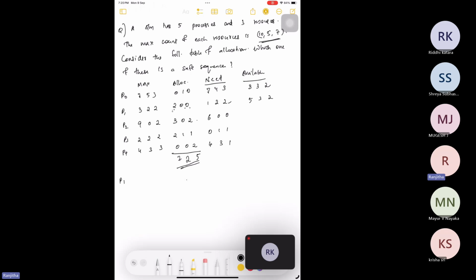Now we have 5, 3, 2. Now which one can we allocate? Which are the processes that we can execute with these available resources?